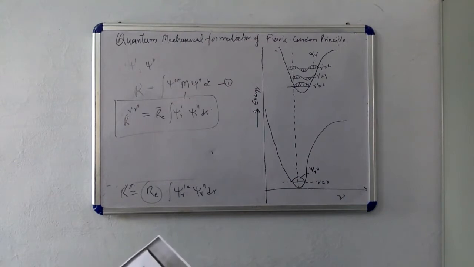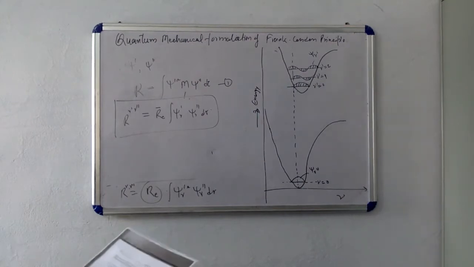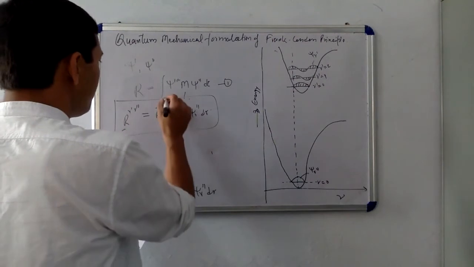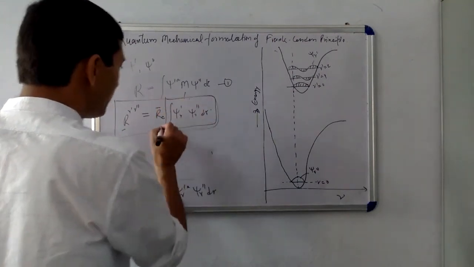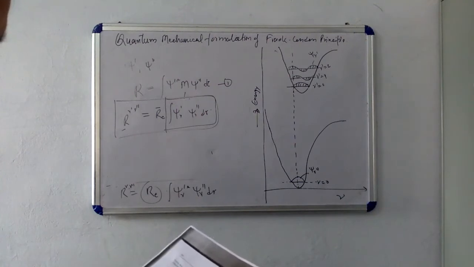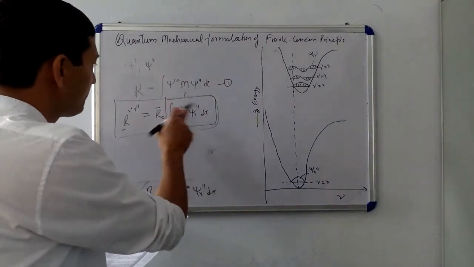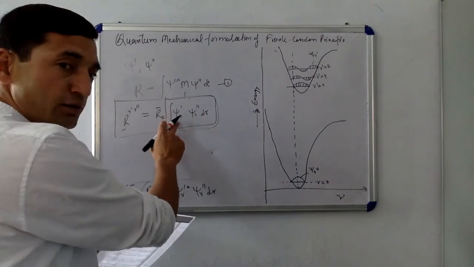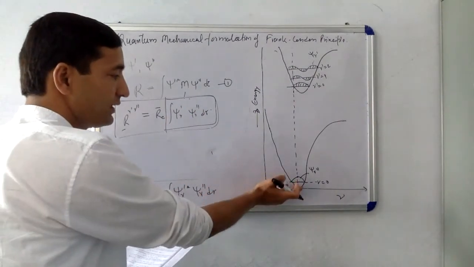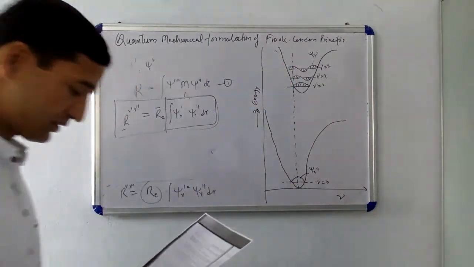The relative intensities of the various bands of this system mainly depend on the square of this overlap integral. It means that the change is depending on the square of this quantity, which is the integral over the product of the vibrational wave function of the lower electronic state and the upper electronic state.